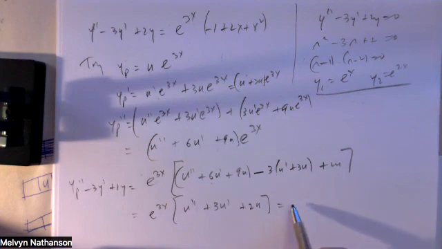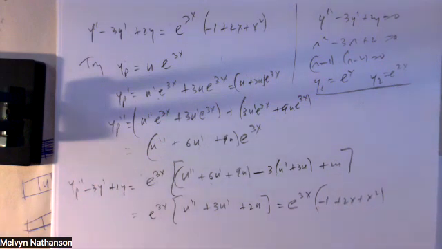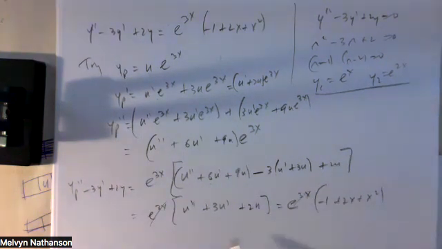And this is supposed to equal e to the 3x times minus 1 plus 2x plus x squared. So if I cancel the e to the 3x's, my function u satisfies the equation u double prime plus 3u prime plus 2u is this polynomial.